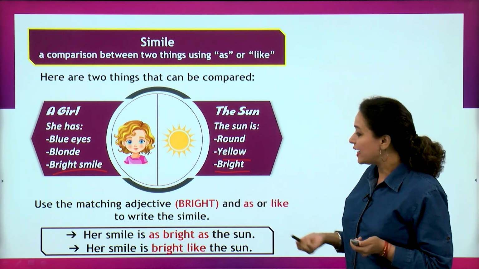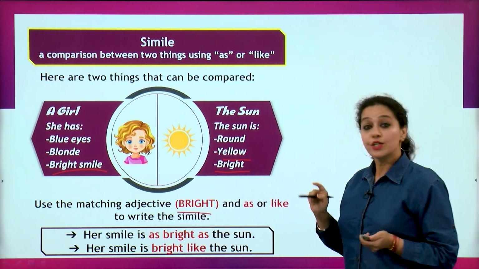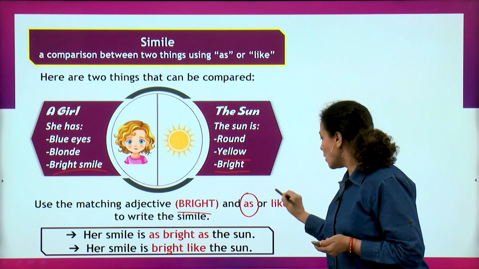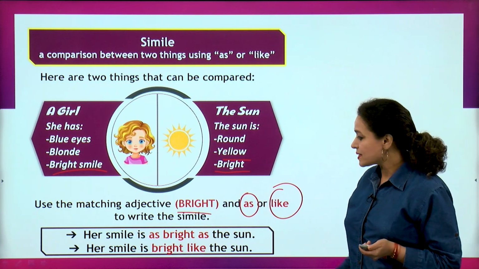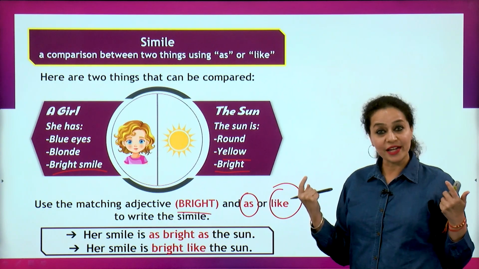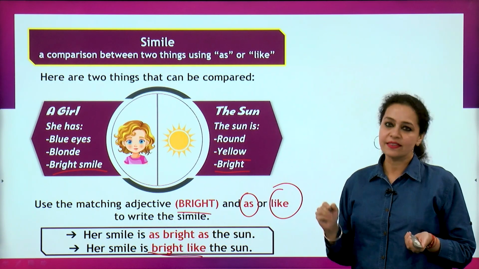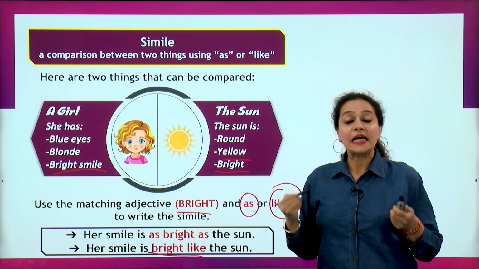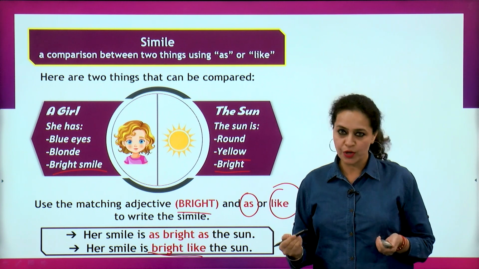We will use this matching adjective bright and use the keyword that we use in a simile, as or like, to write the simile. And the simile comes like this: her smile is as bright as the sun, or her smile is bright like the sun. So students, when poets use such similes, this actually enhances the emotional impact of poetry.